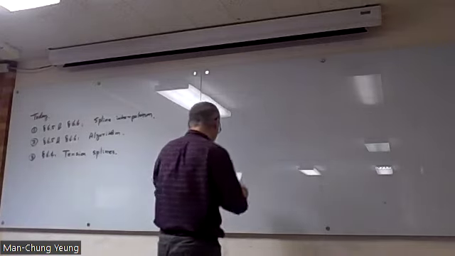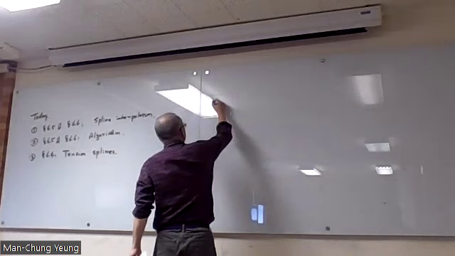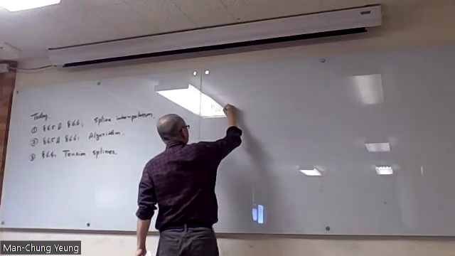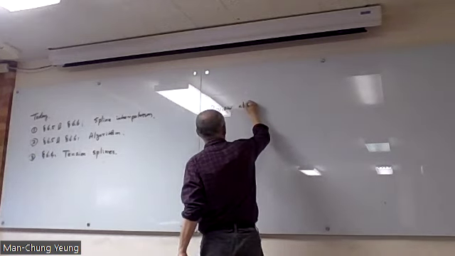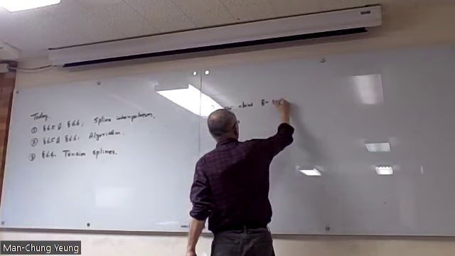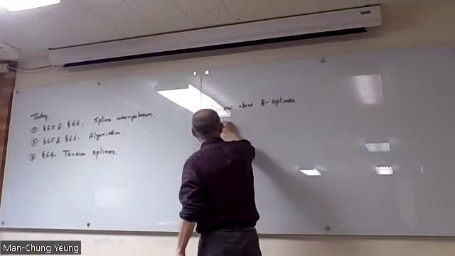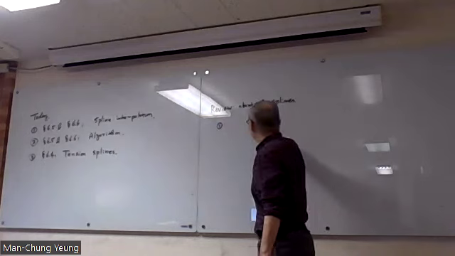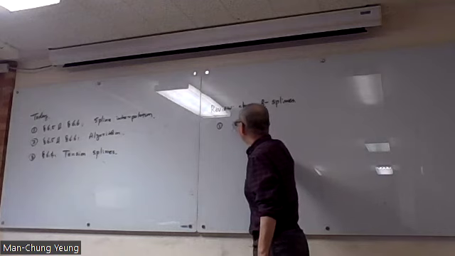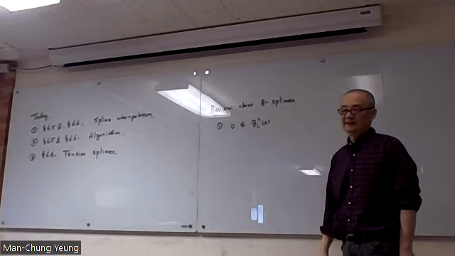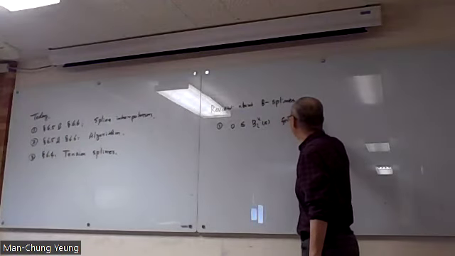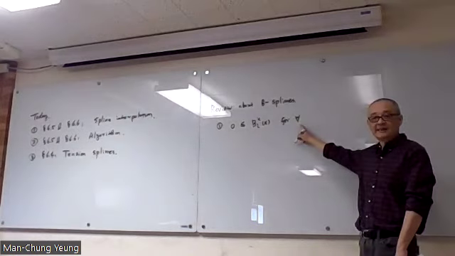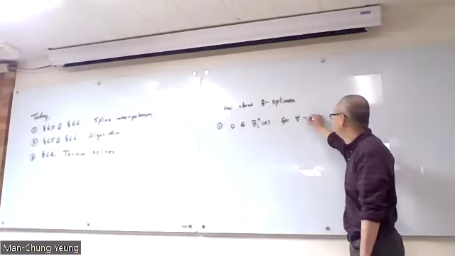Property number 1: B_{i,k}(x) is always greater than or equal to 0, for any x. This symbol means for any x.